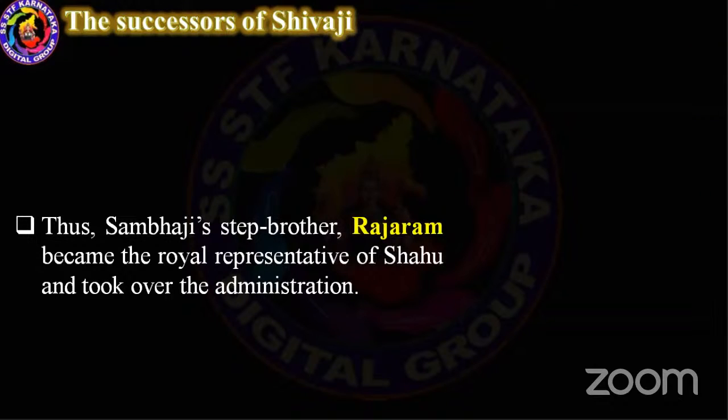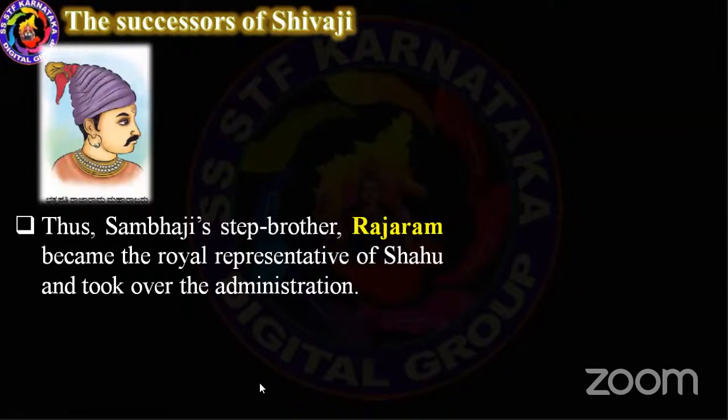Because of this, Rajaram, who dreamed of coming to power and quarreled with Sambhaji, became the royal representative or head of the administration. He utilized that conspiracy, and in that conspiracy he succeeded in coming to power.